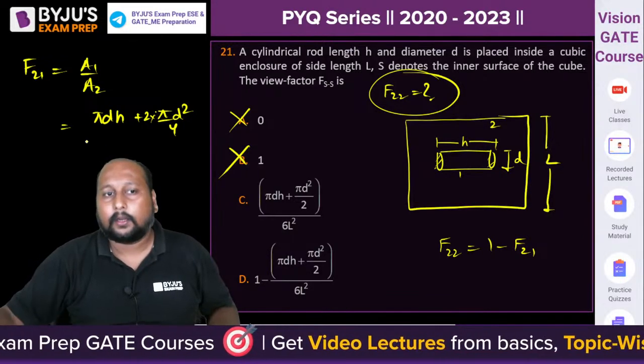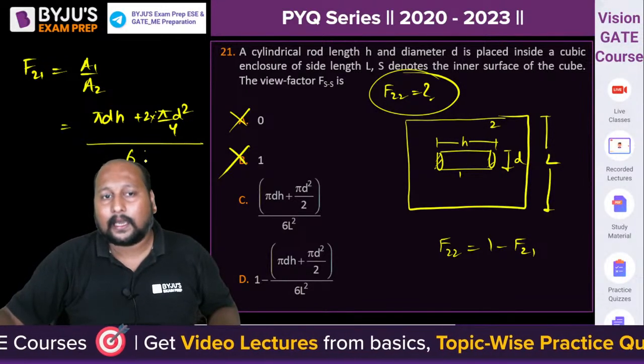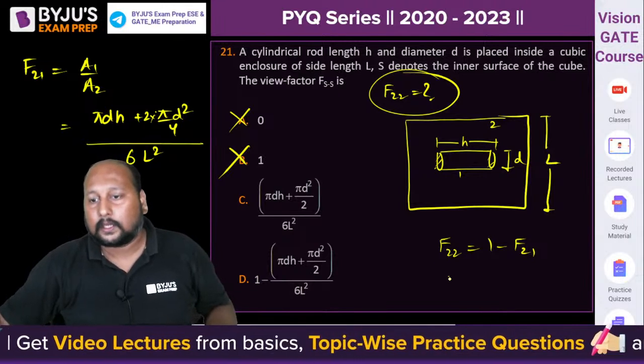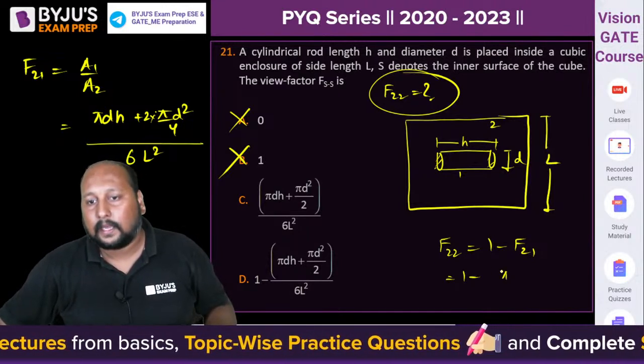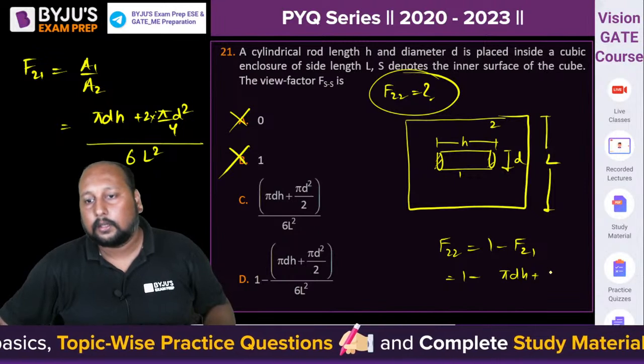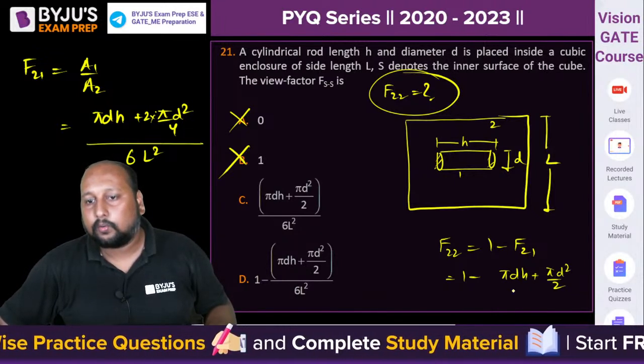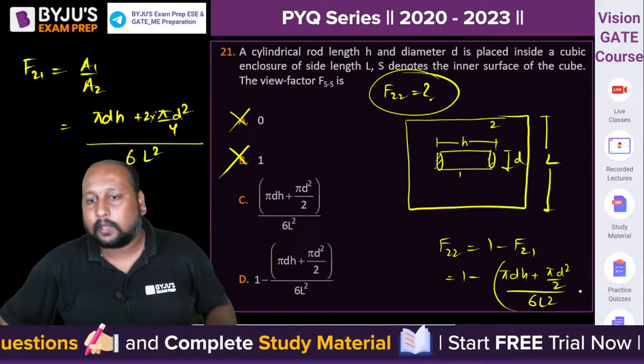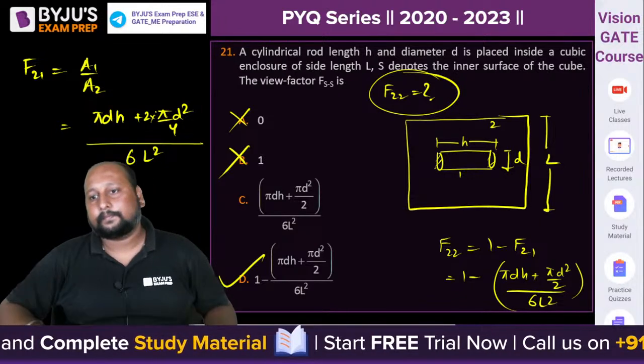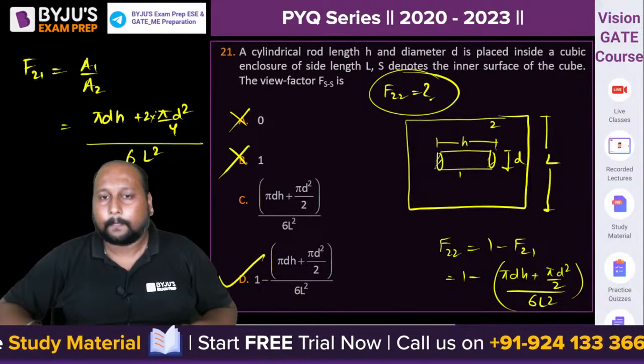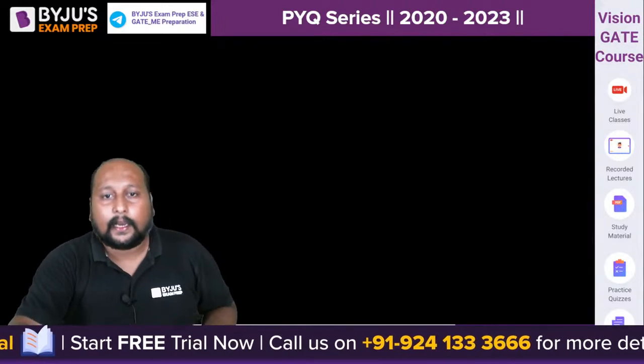Divided by 6 L square. Okay, so this is equal to 1 minus, pi d h plus pi d square by 2, divided by 6 L square. So we are getting option D as the correct answer. Option D. Okay, chalo. Next question.